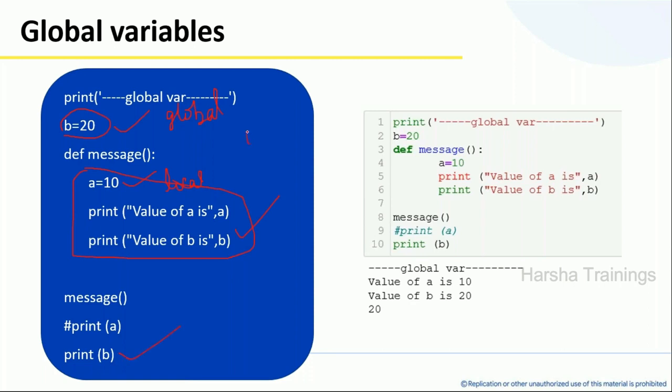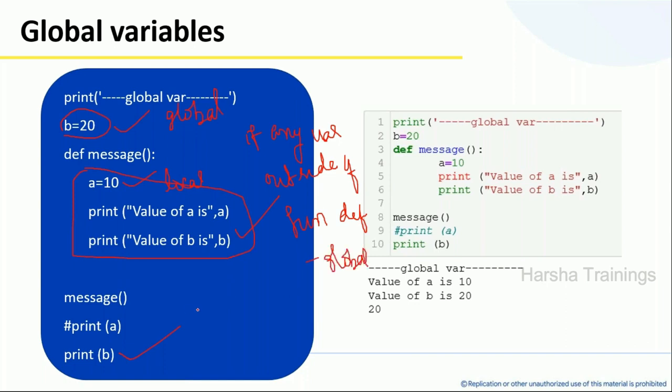If any variable is declared outside of the function definition, that is called global.